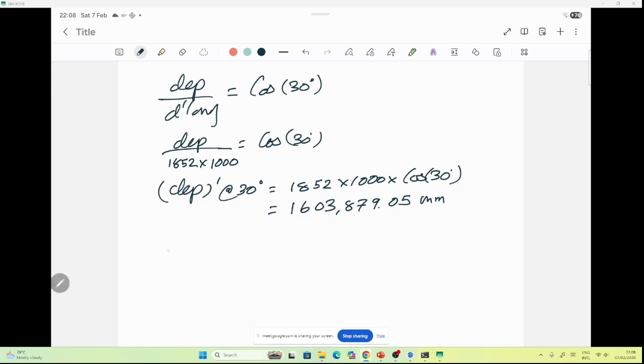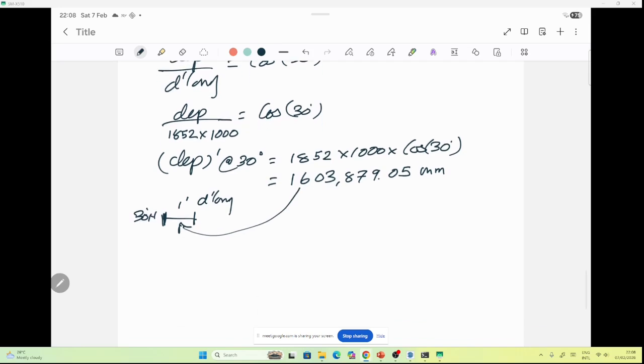This is 1 minute of longitude, 1 minute of d long, at 30 degrees, this amount at 30 degrees north.